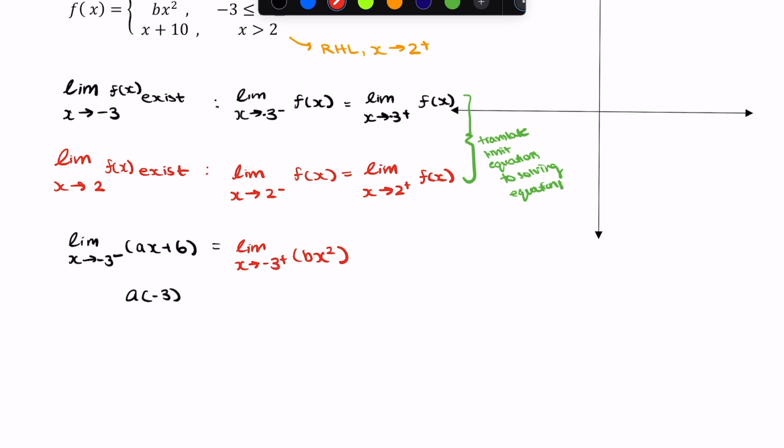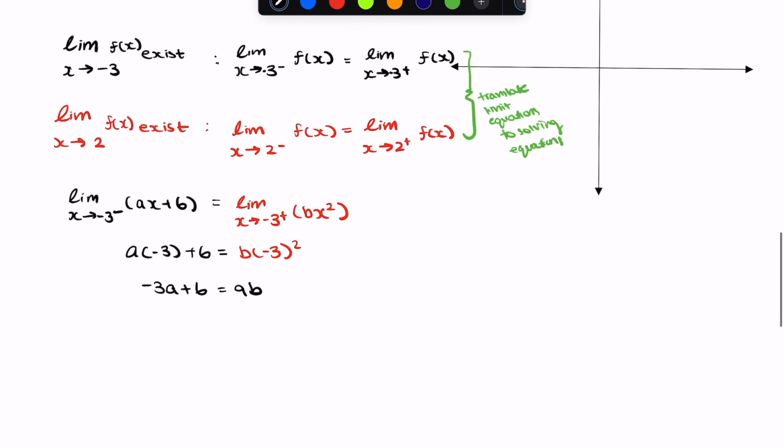So if we sub in -3, we'll get a times -3 plus 6 is equal to b times -3 squared. So here we'll have -3a plus 6 is equal to 9b.